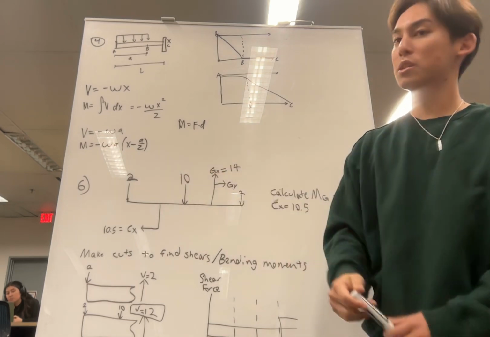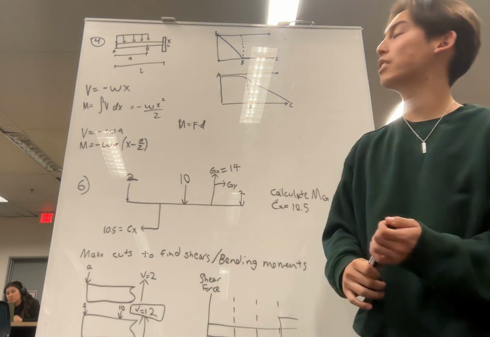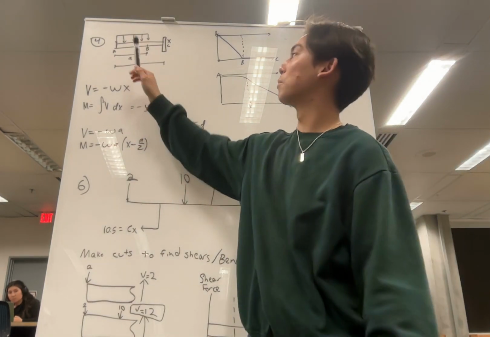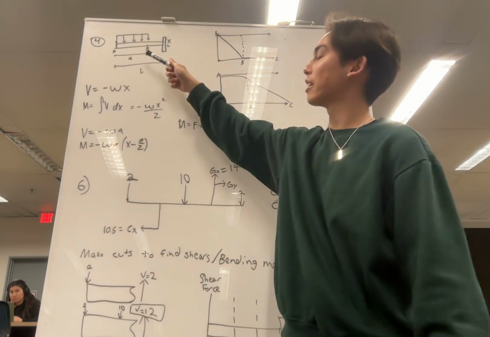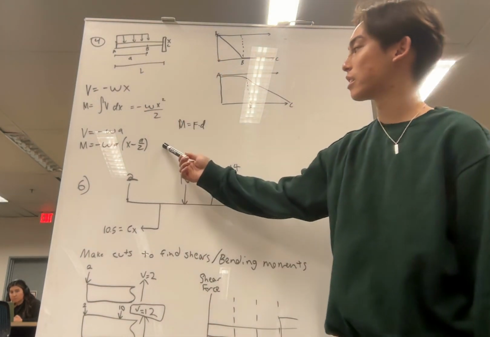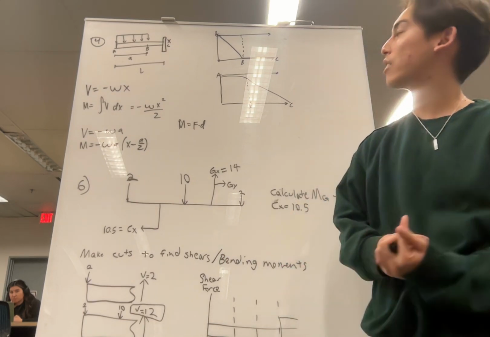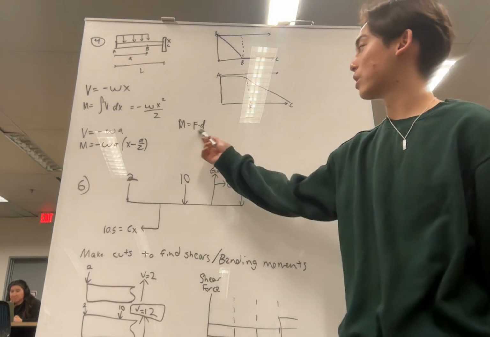Another possible equation is just between A and B using this A length. If you choose a point within that and want to take the moment about it, instead of taking an integral, moment is just force times distance.